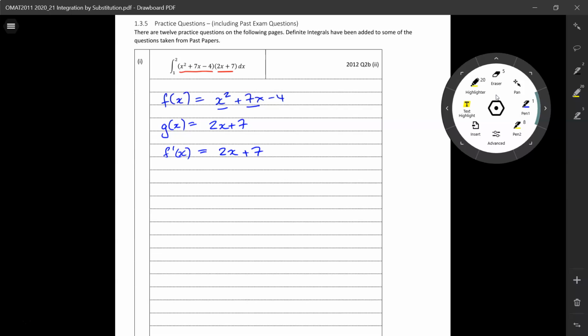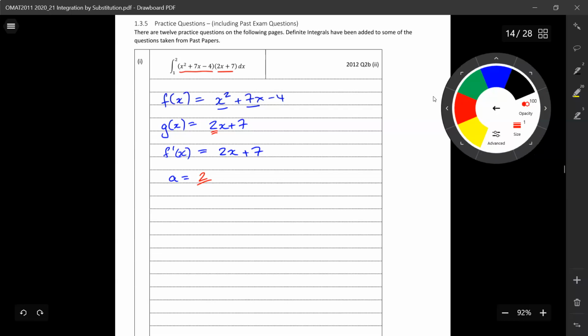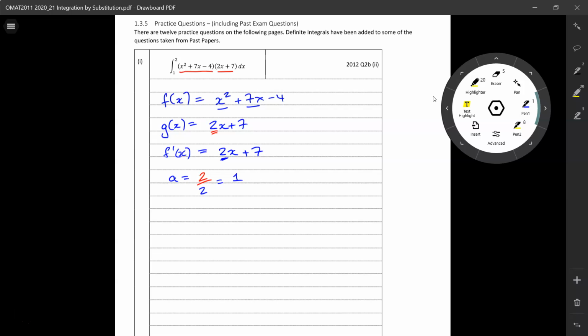If we follow the procedure, we work out the multiplier: the coefficient of x in g of x here is this 2, and we divide that by the coefficient of x in f prime of x, the first derivative, and we get a multiple of 1. And that's fairly obvious just by inspection.